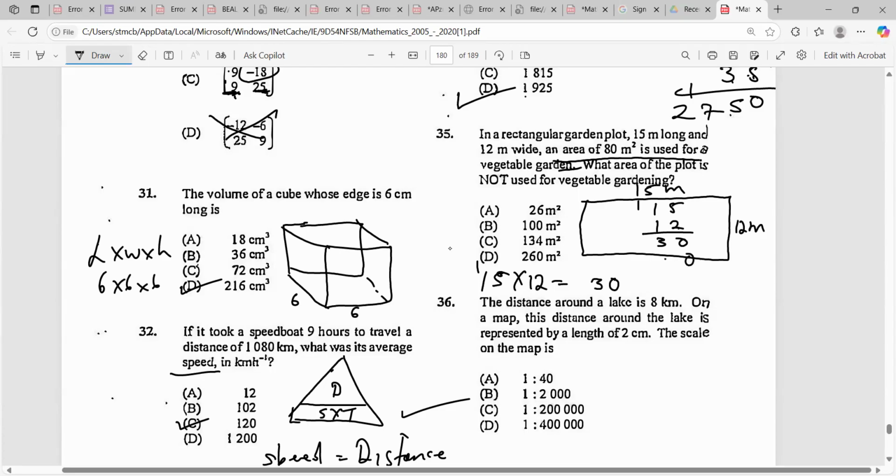As I said, the 15 they put up at the top, so 150. So that's 180. So 180 minus, they said they occupy 80, so that's 100. Alright.